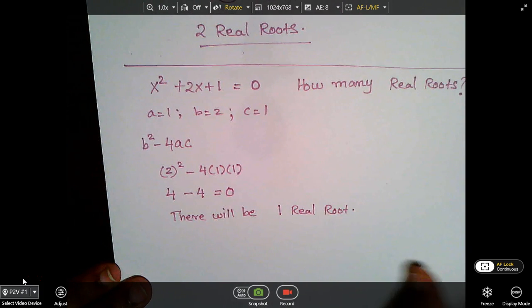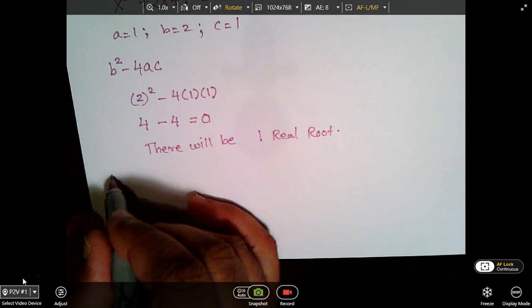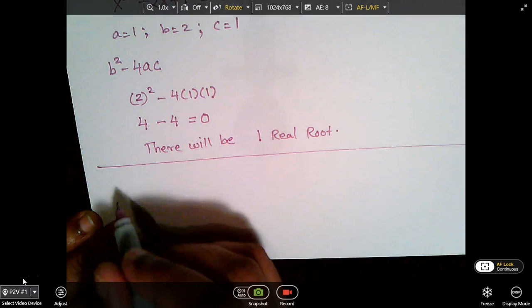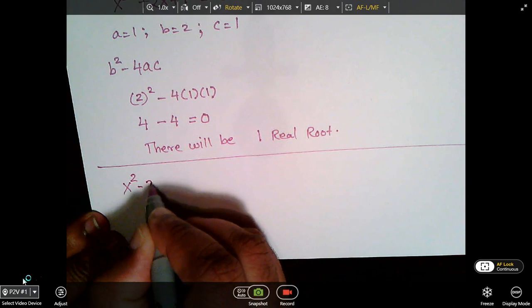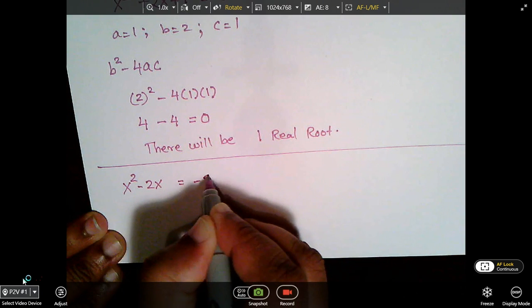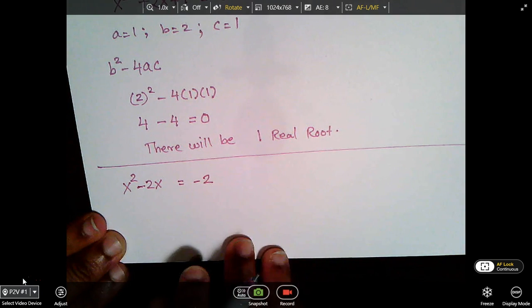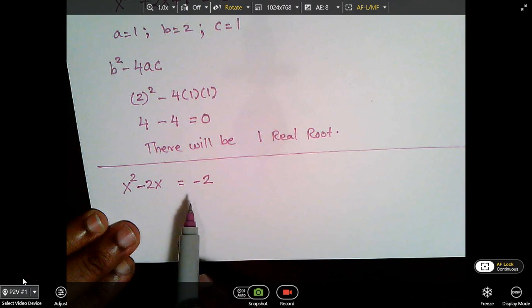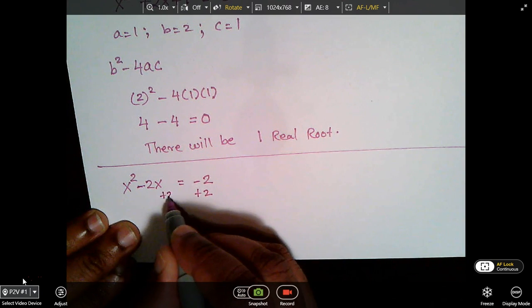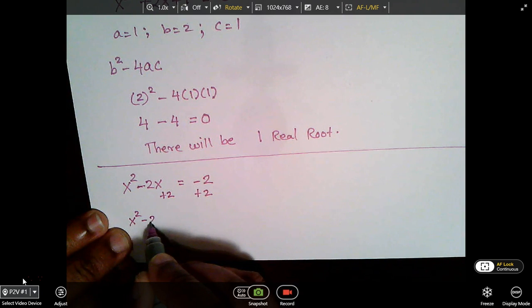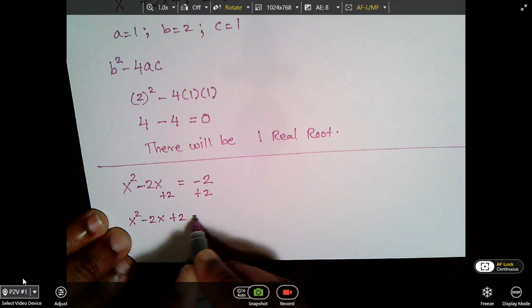Let's take a look at the third example. x squared minus 2x equal to -2. My first step is to write it in standard form. So I have to bring the 2 over. So I have x squared minus 2x plus 2 equal to 0.